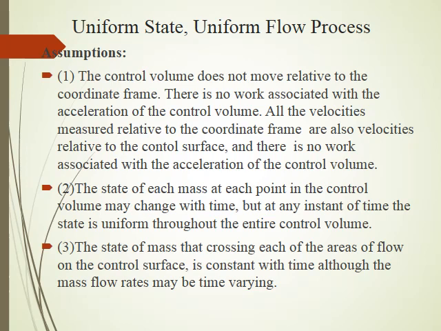The state of each mass at each point in the control volume may change with time, but at any instant of time, the state is uniform throughout the entire control volume. Now here, the state of each mass at each point in the control volume is changing with time, but at any particular time, the state is uniform throughout the entire control volume.